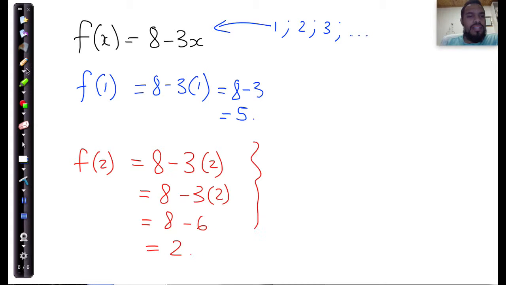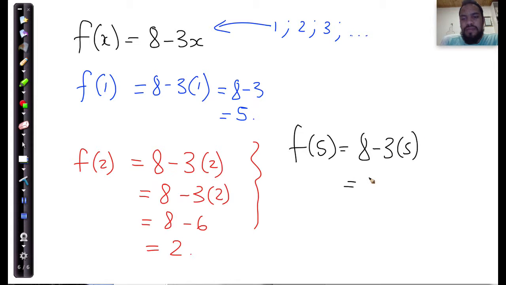Now let's look at another one. Let's say f of 5. That's going to be 8 minus 3 multiplied by 5, and 8 minus 15 is equal to negative 7. So that's how we evaluate functions, or rather algebraic expressions that are expressed in terms of functions.